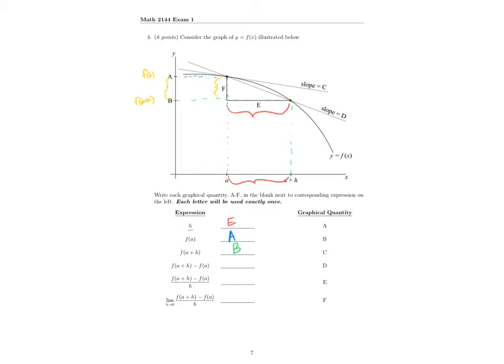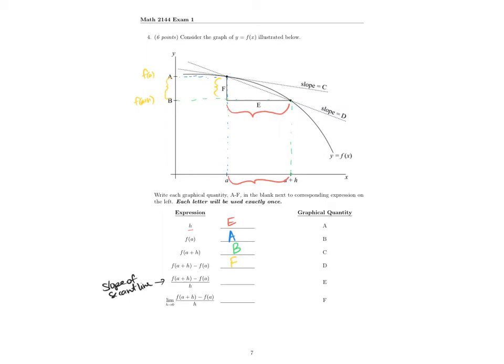So that gets me f. And then f of a plus h minus f of a over h, this is the slope of that secant line.